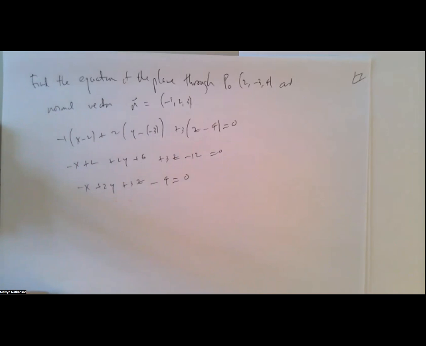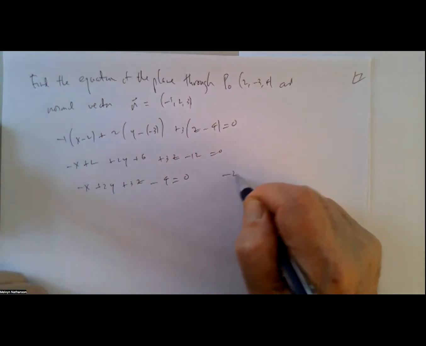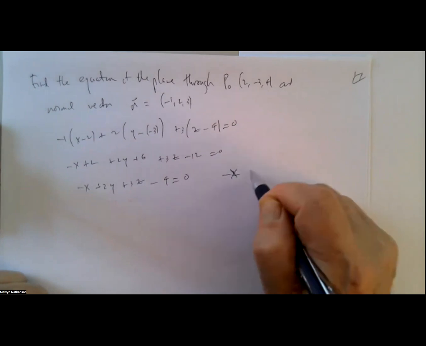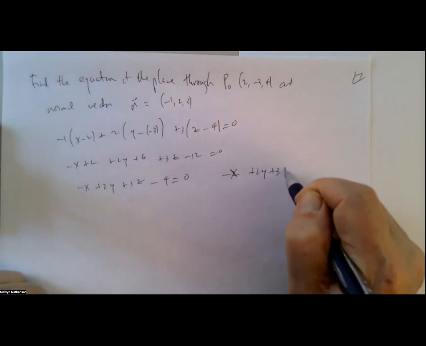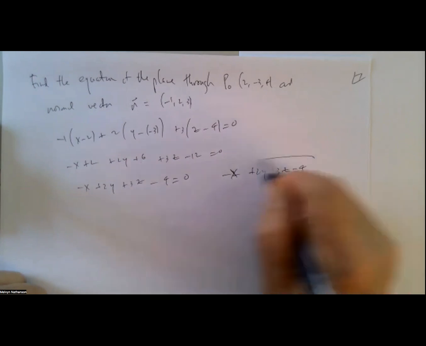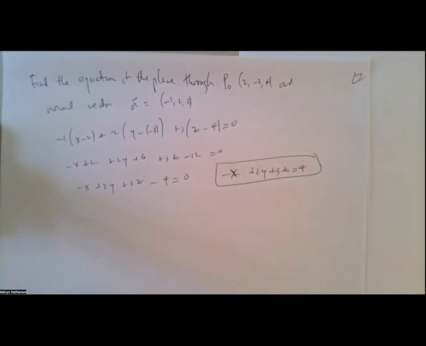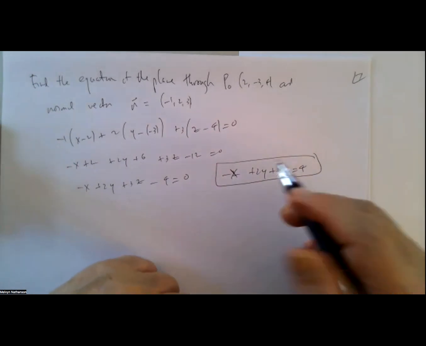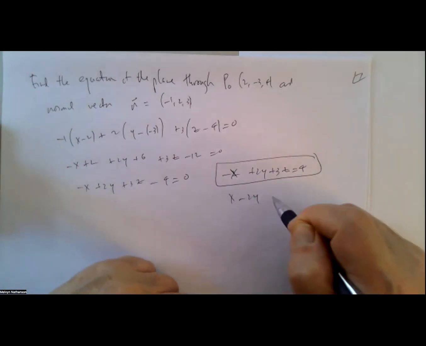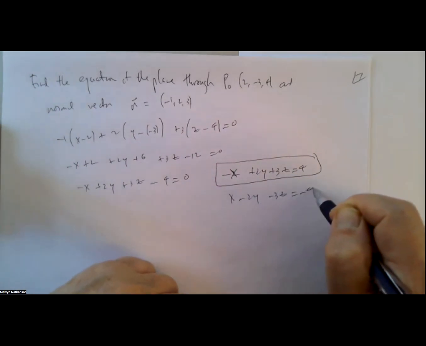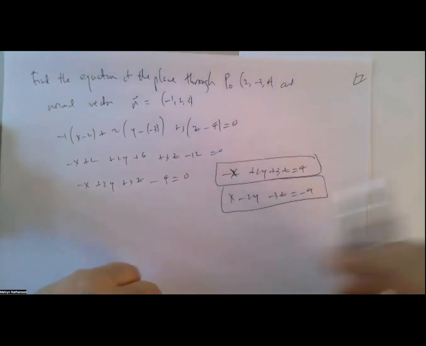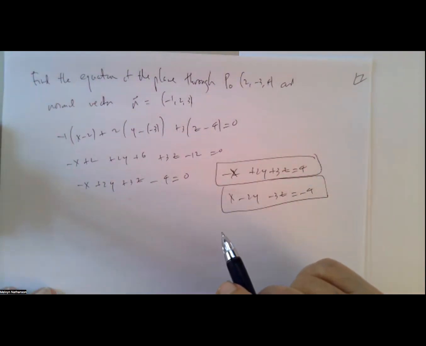Minus 4 equals 0, or minus x plus 2y plus 3z equals 4. So that's the equation of the plane. Or if you like things to start with a plus sign, you could write this as x minus 2y minus 3z equals minus 4, but they're exactly the same equations, multiplied by minus 1.